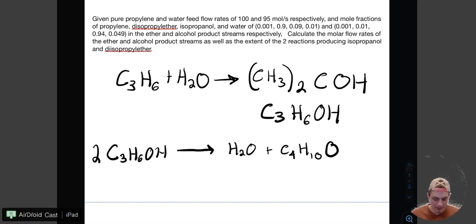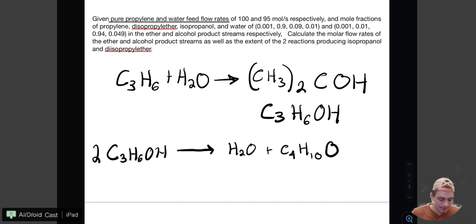And now our job is going to be to calculate some certain things using some degree of freedom analysis. Now, this prompt here is actually giving us a bunch of measurements that we already have, right? However, the first thing to notice about these measurements, so we're told that we're given pure propylene and water feed flow rates.